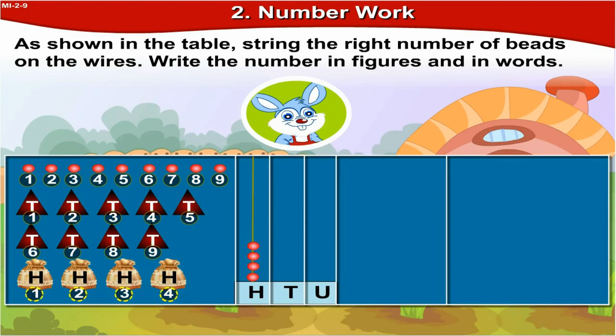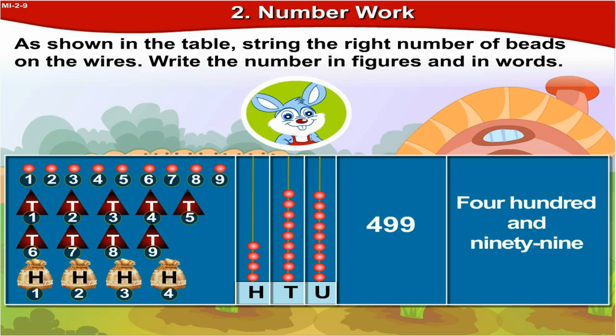So at the hundreds wire, we'll make 4 beads. At the tens wire, we'll make 9 beads. And even at the units wire, we will make 9 beads. Which means it is 400, 9 tens, 9 units. So in figure, it is 499. And in words, it is four hundred ninety-nine.